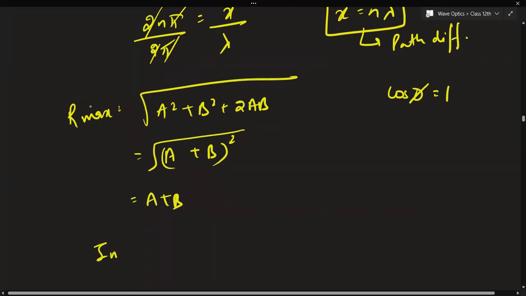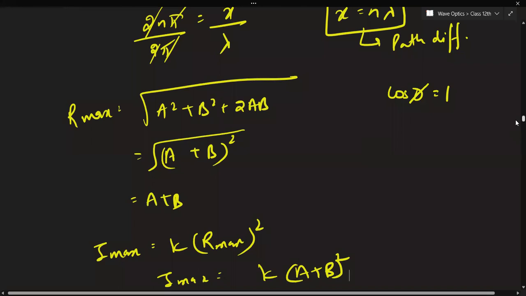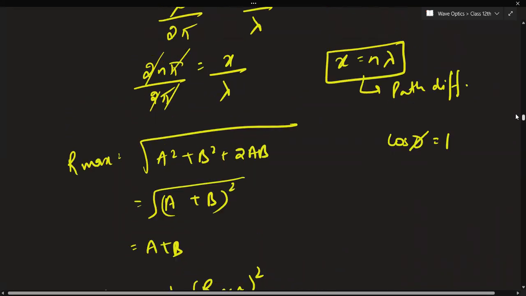And intensity maximum will be what? Just the square of maximum amplitude. So maximum intensity will be k, a plus b whole square. Quickly write it down, then I'll tell you same thing is there for dark fringe.